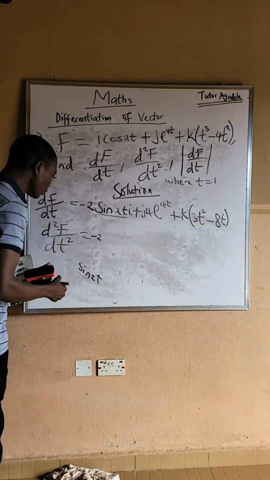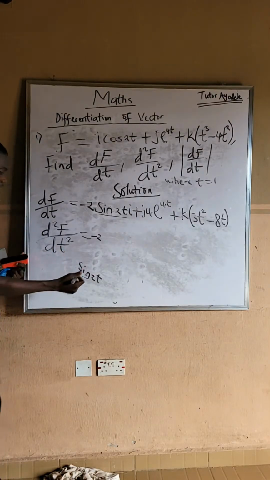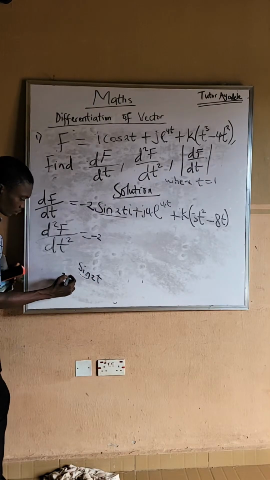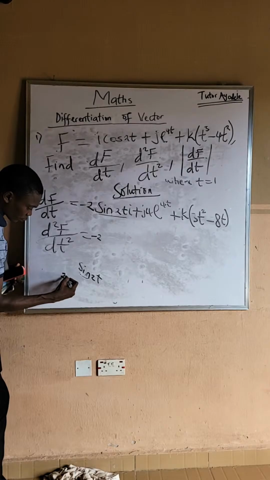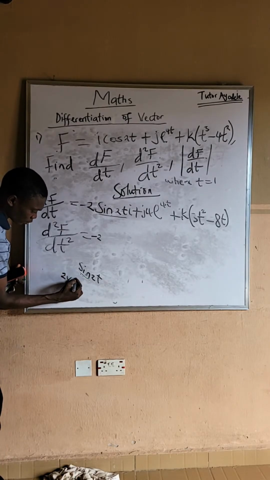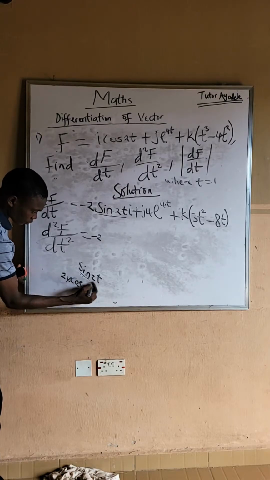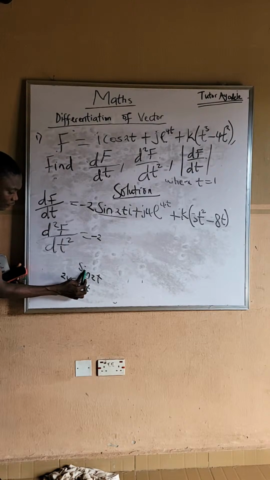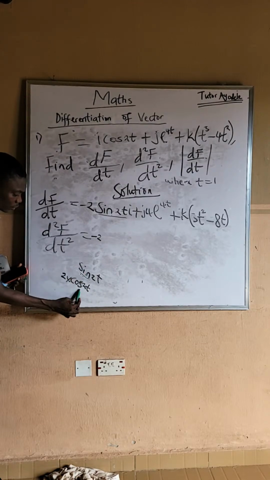Now, if you differentiate this, the simple way to do it is to bring this 2 and use it to multiply. If you bring this 2 here to multiply it, this will change to cos 2t. The 2t will still remain. But the difference is, if I differentiate from sine to cos, it will not be negative.